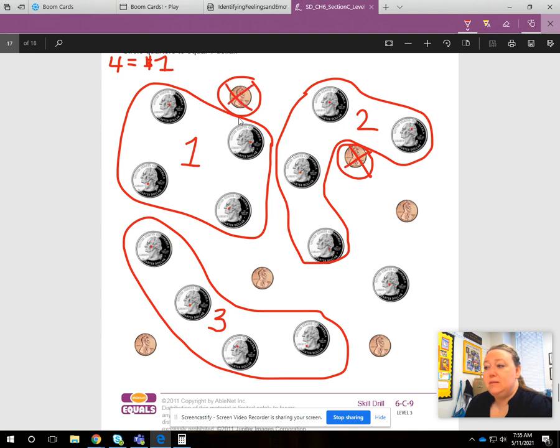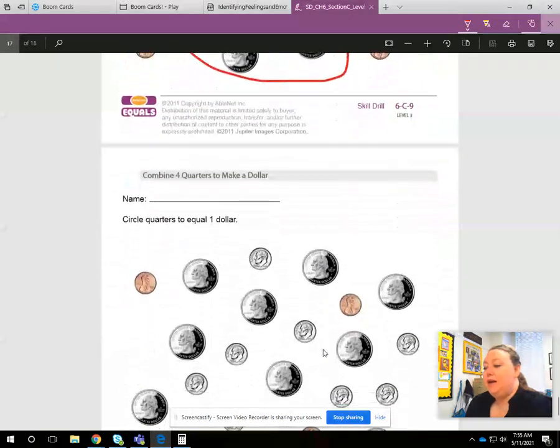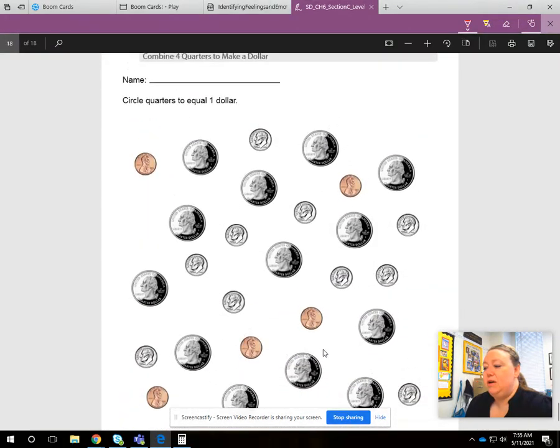We could cross them out, right? Because we're not using those to make dollars. We're just using the quarters for right now. So we have $3.25 plus a handful of pennies. 1, 2, 3, 4, 5, 6 pennies. So $1.31 altogether.